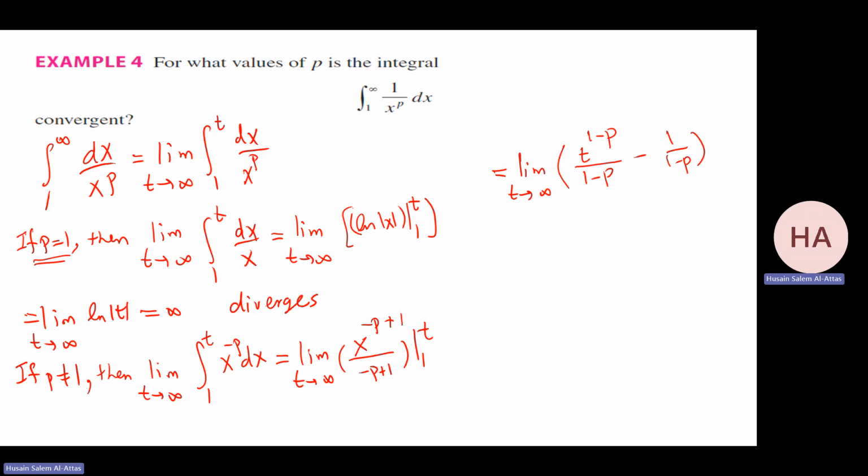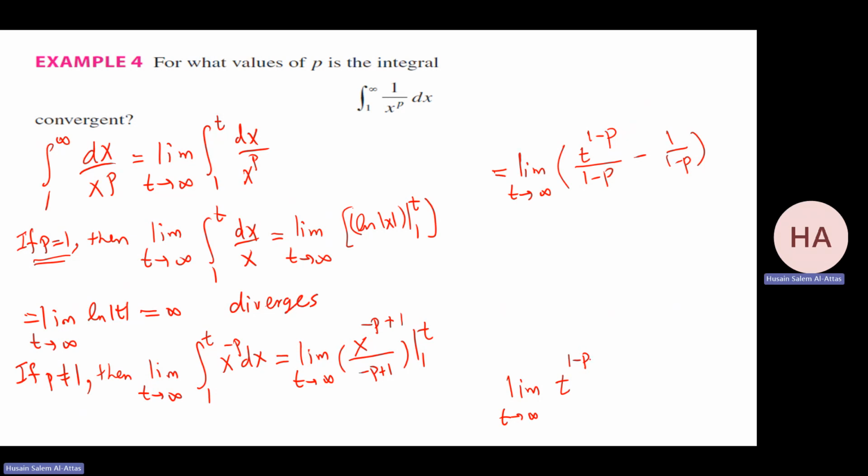Now I need to deal with this limit. Let me do this limit here: the limit of t to the power 1 minus b as t goes to infinity. This will be what? Avoid the case b equals 1.